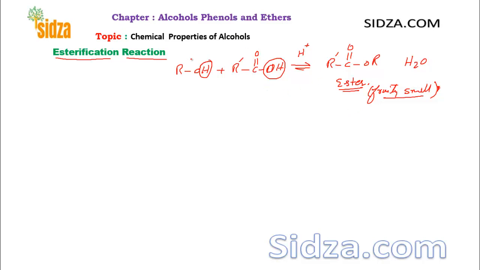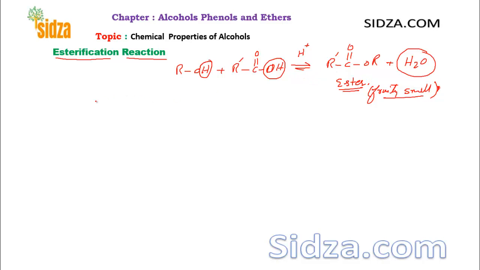Basically this is a reversible reaction. That's why there's an equilibrium, and you can shift this equilibrium toward the product side, towards the esters, by draining out this water continuously from the reaction mixture, so that the equilibrium will shift in the right direction, to the product side.